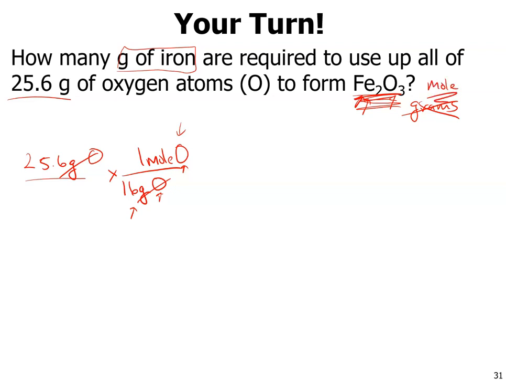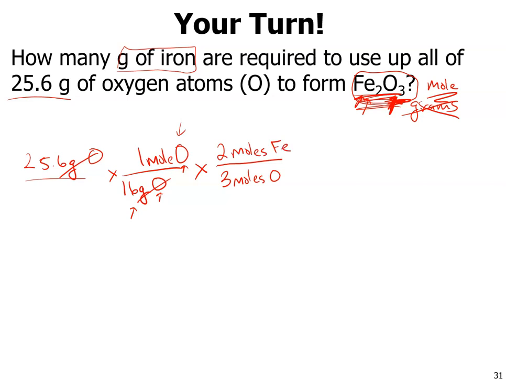Now I can look at these equivalencies, and I can use moles to relate these ratios here. So I'm going to want to cancel out oxygen, which is currently on the top, moles of oxygen. If I have 3 moles of oxygen from this number right here, I know that I will have to have 2 moles of iron.